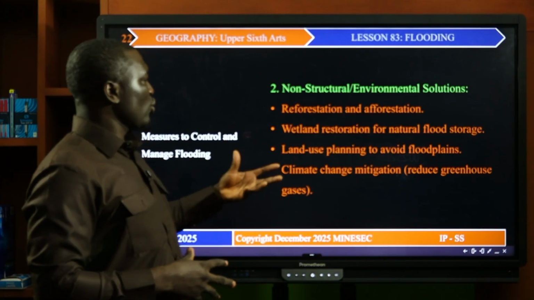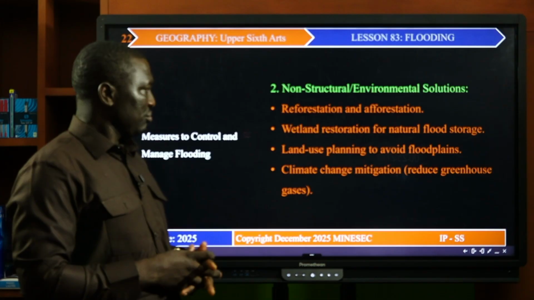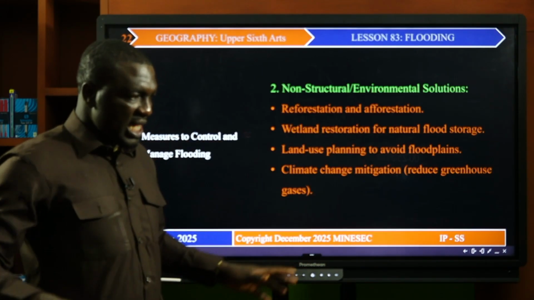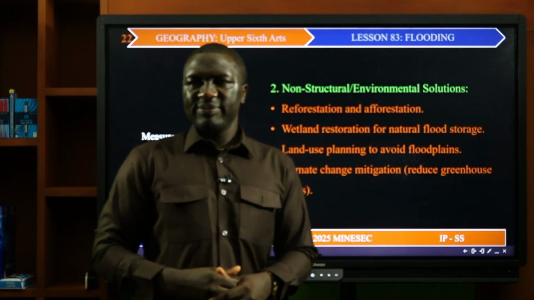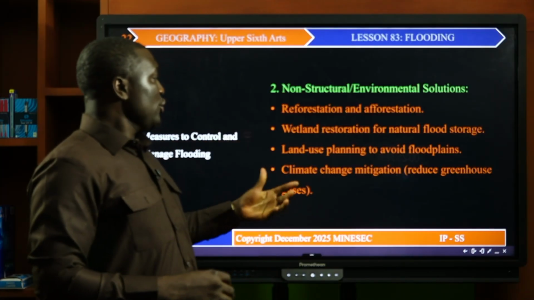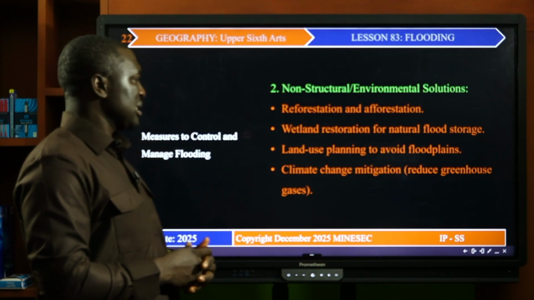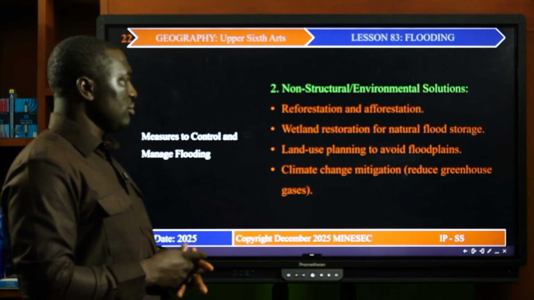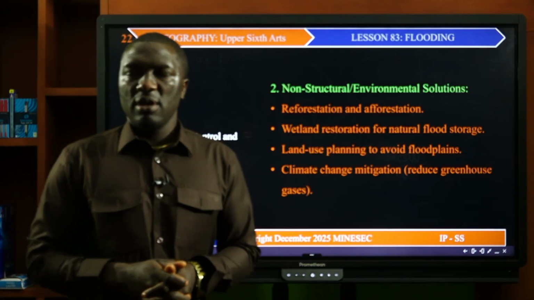Wetland restoration for natural flood storage. A wetland is simply an area, it could be a swamp with water. Land use planning to avoid floodplains. Climate change mitigation to reduce greenhouse gases.